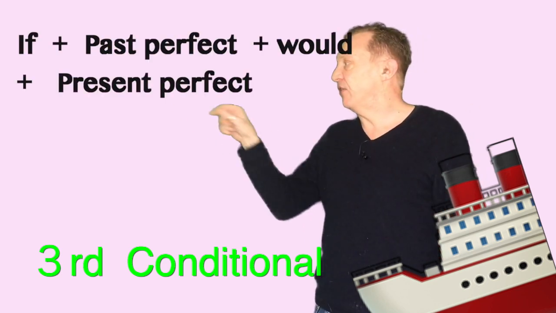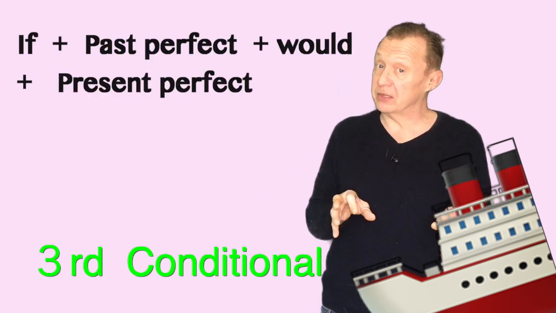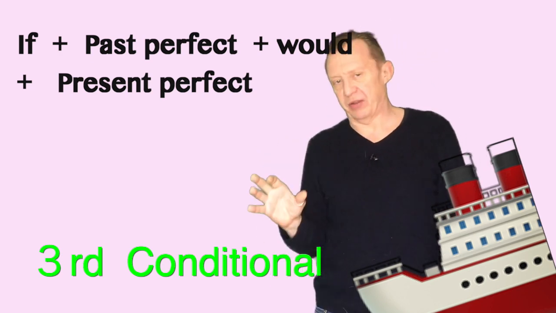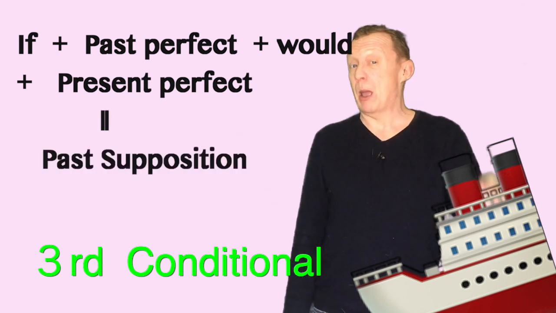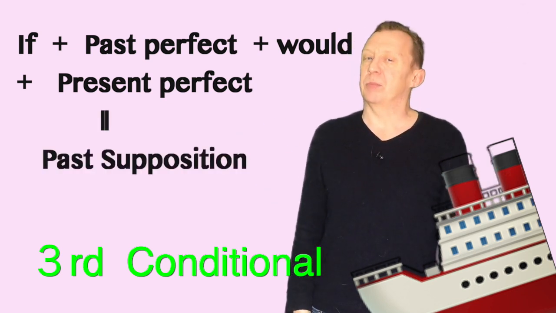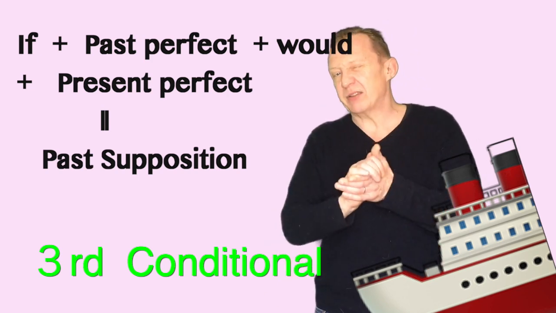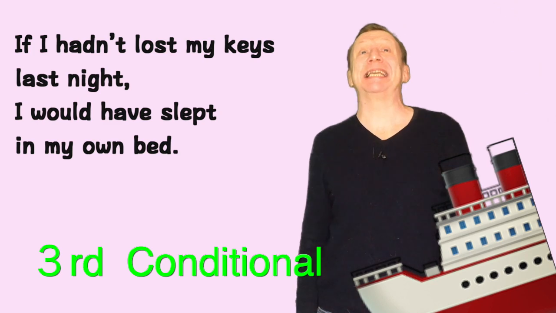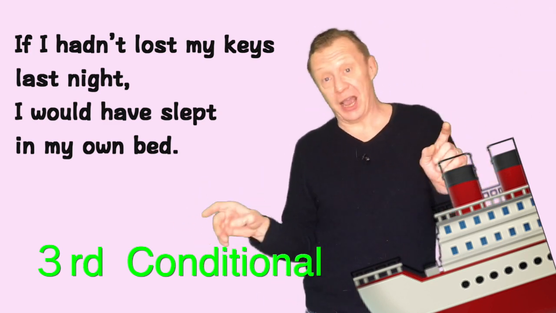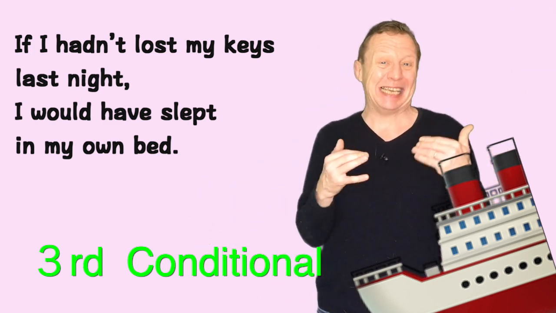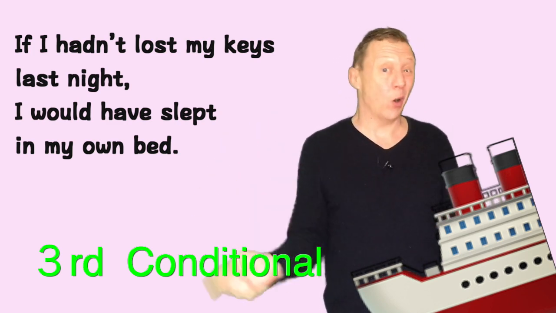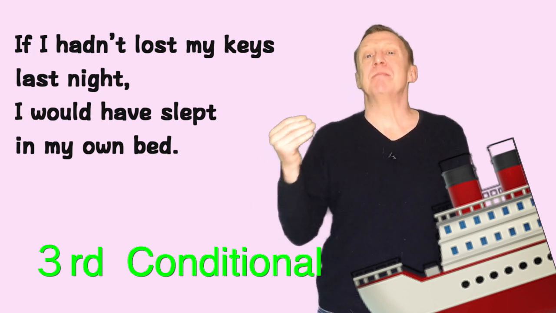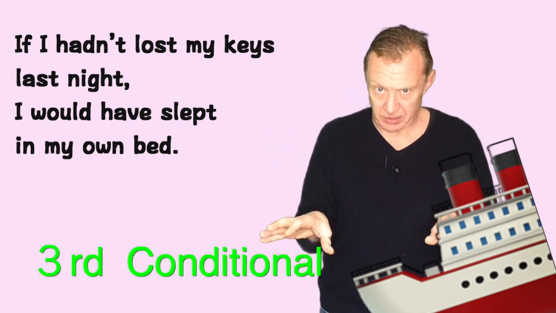Recap: if plus past perfect plus would plus present perfect equals past supposition. Now, let's have a few examples. If I hadn't lost my keys last night, comma, I would have slept in my own bed.